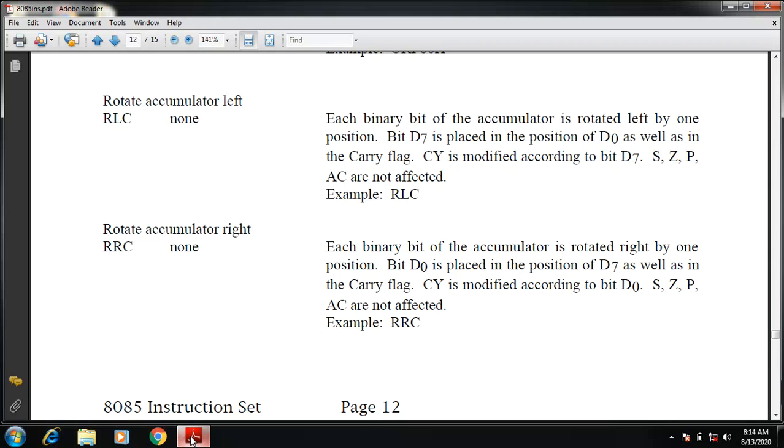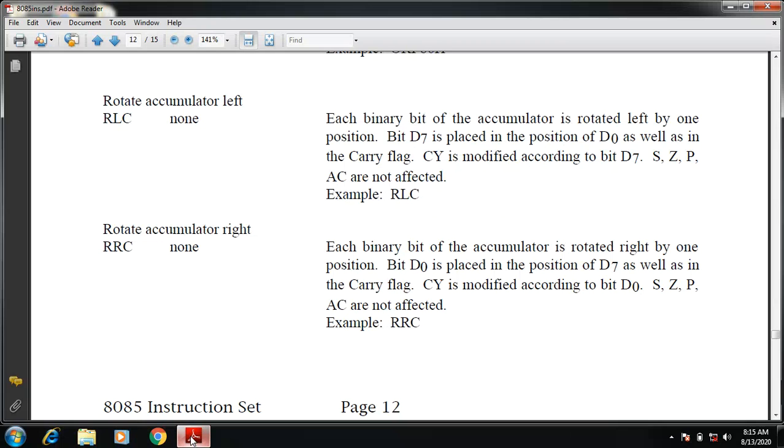That is bit D7, the most significant bit MSB, is placed in the position of D0 as well as in the carry flag. Okay, so this is rotate accumulator left by one position for each bit.